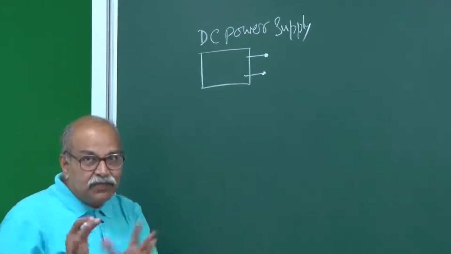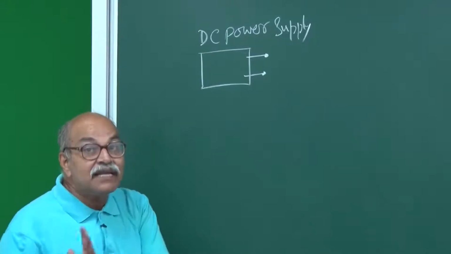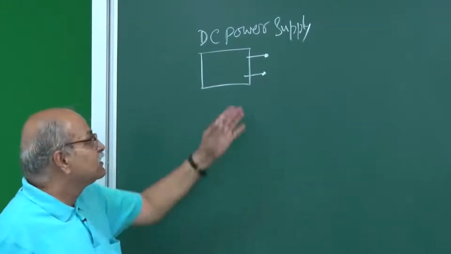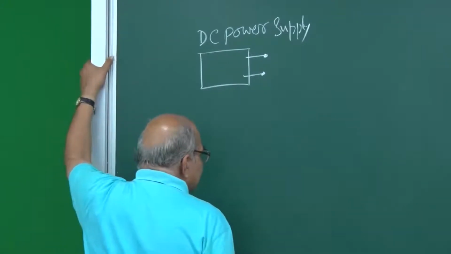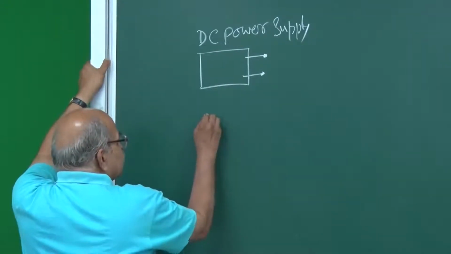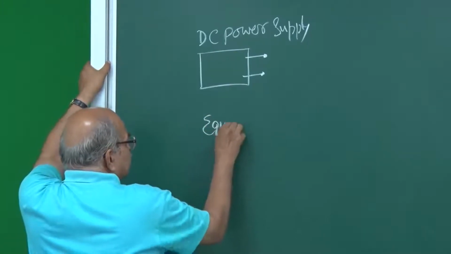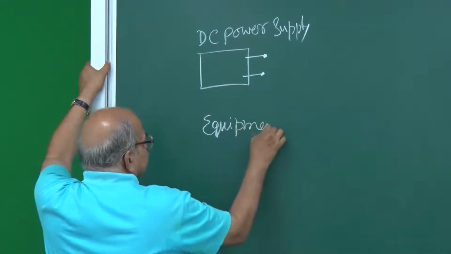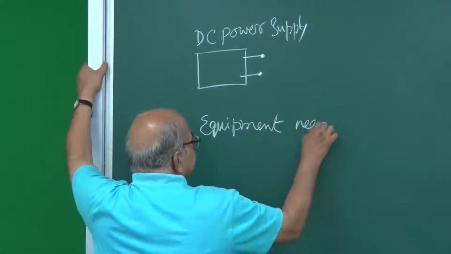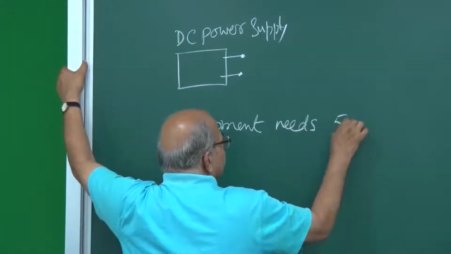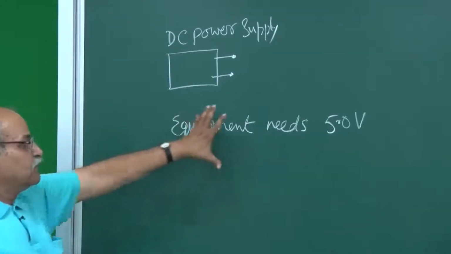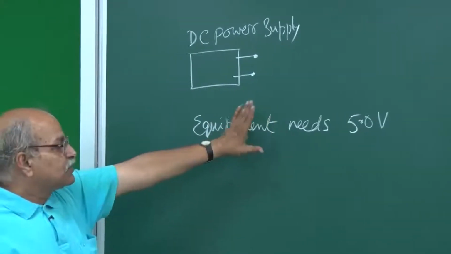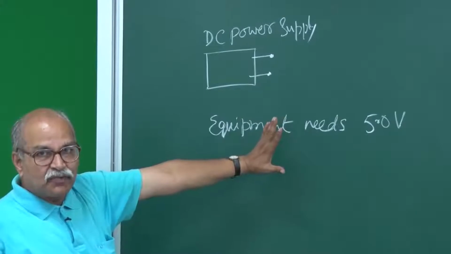So that regulation, that stabilization can be done with Zener. Suppose I have some equipment which needs 5.0 volt, not less, not more.